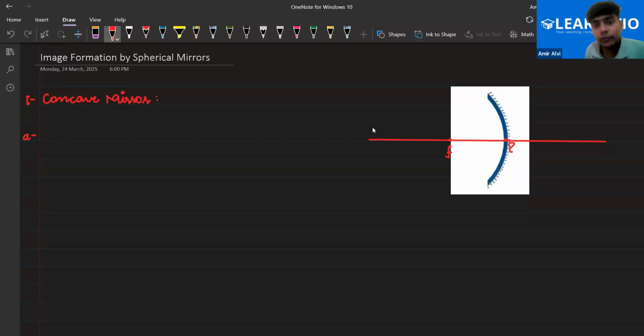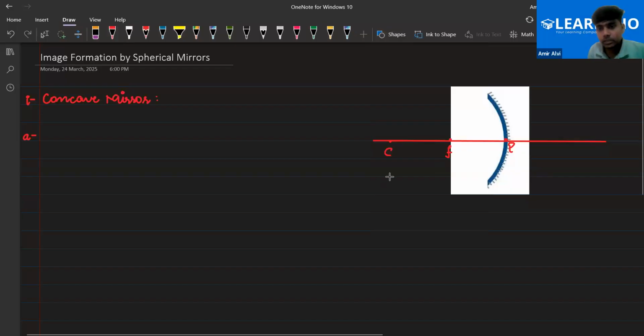And the center of curvature is basically the center of the mirror's sphere. That means suppose you complete this spherical mirror, this point will lie at the center. So the distance from this point to this point is nothing but your R, the radius of the spherical mirror.